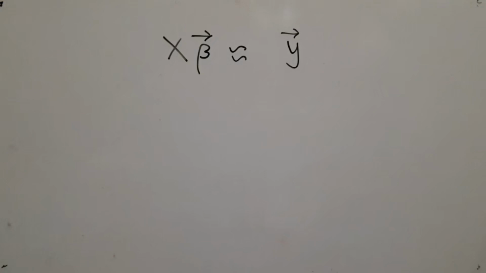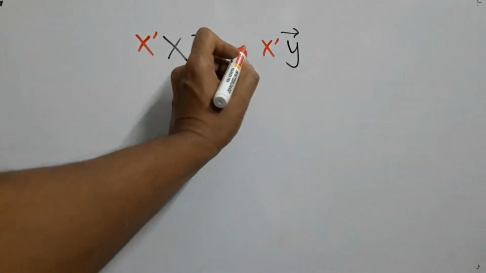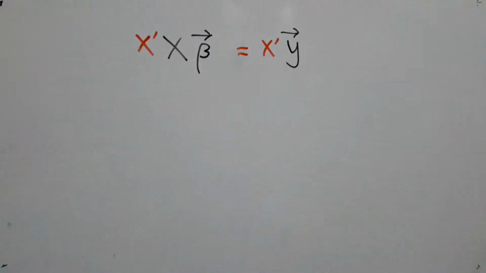Pre-multiply both sides by X prime and then just ignore this approximate equality and treat it as exact equality. Now this resulting system of equations we called the normal equation, and we suggested that we just solve this for β and then we shall get a least square estimate of β.